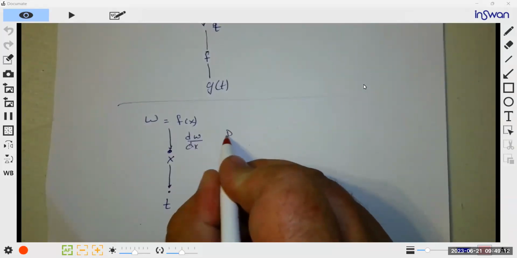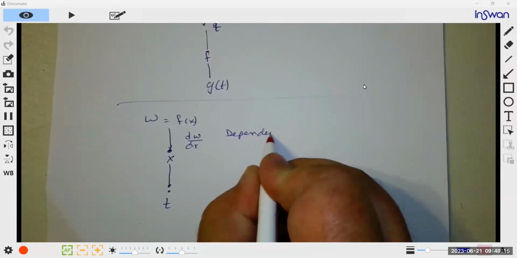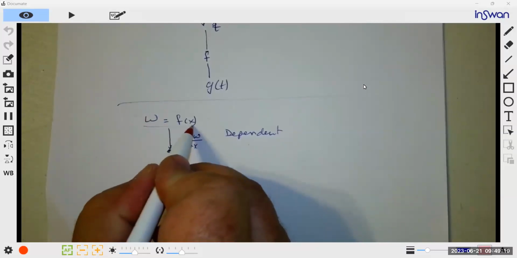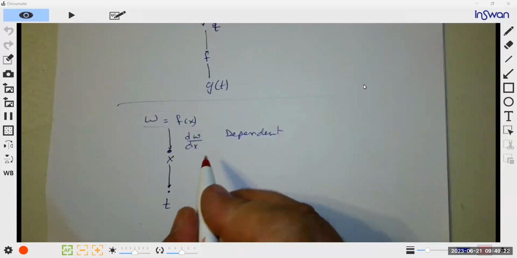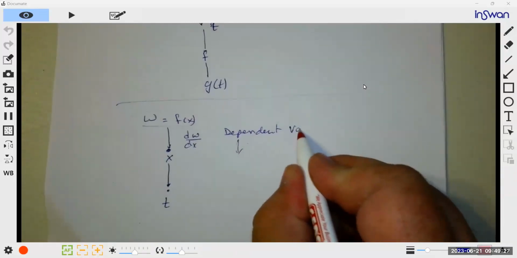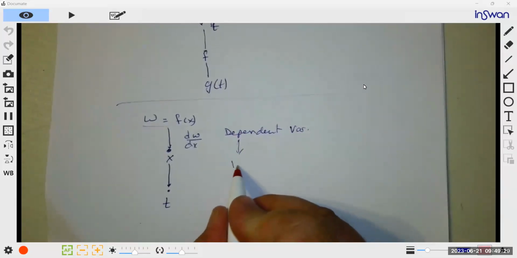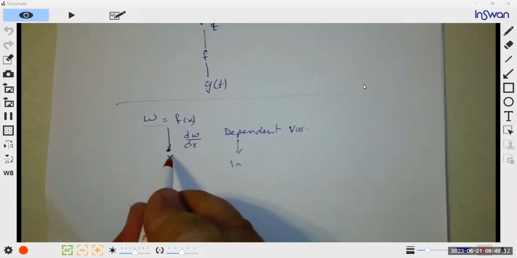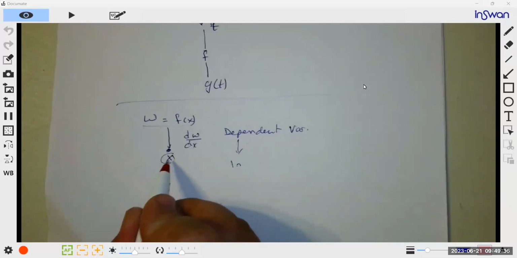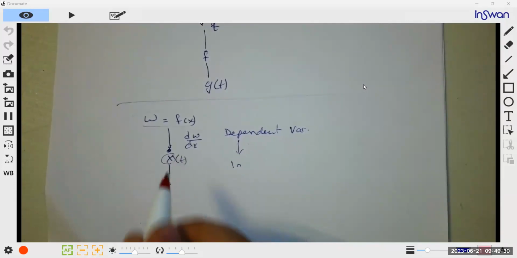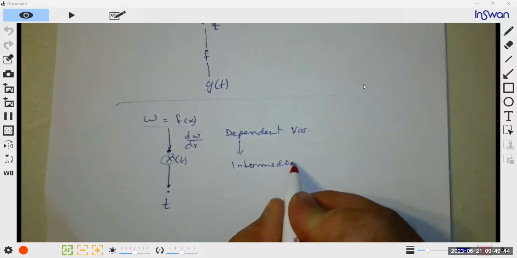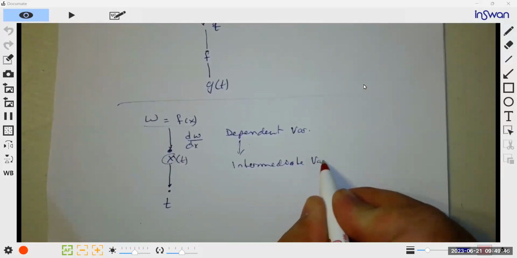So what we have here, our dependent variables are here. That's what we start off with. Because remember, w depends on the value of f of x. And that defines our independent variable, which in this case, because it is not our actual independent variable, because x is a function of t, it's called an intermediate variable.